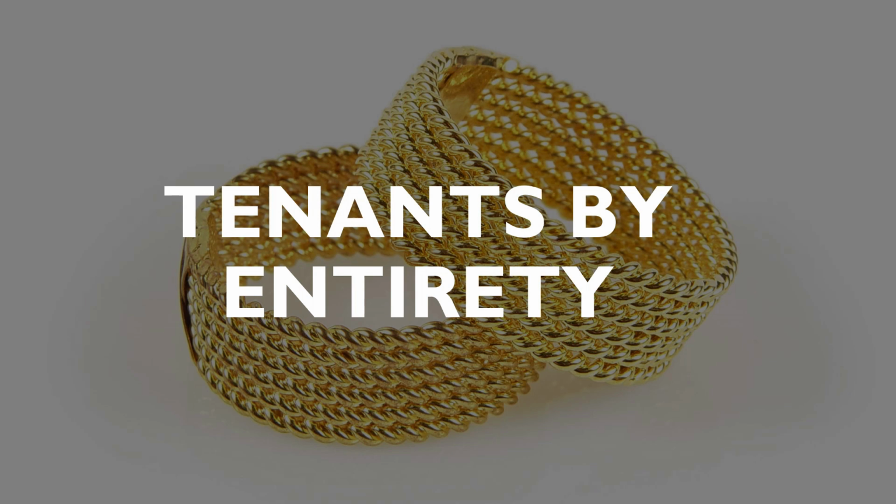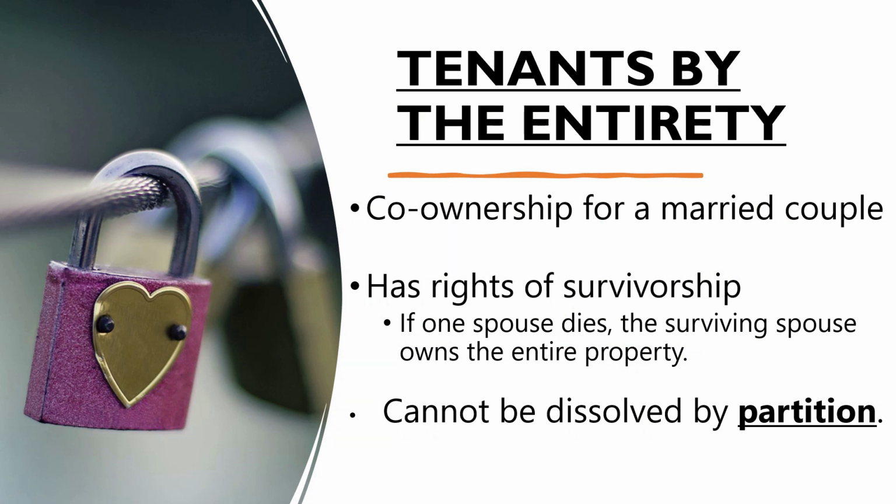The last one is tenants by the entirety. So we're covering how you can own a property by yourself. We've covered that. We've then covered two or more individuals. When they're not married, the choices are tenants in common or joint tenancy. Tenants by the entirety is where the individuals are married.